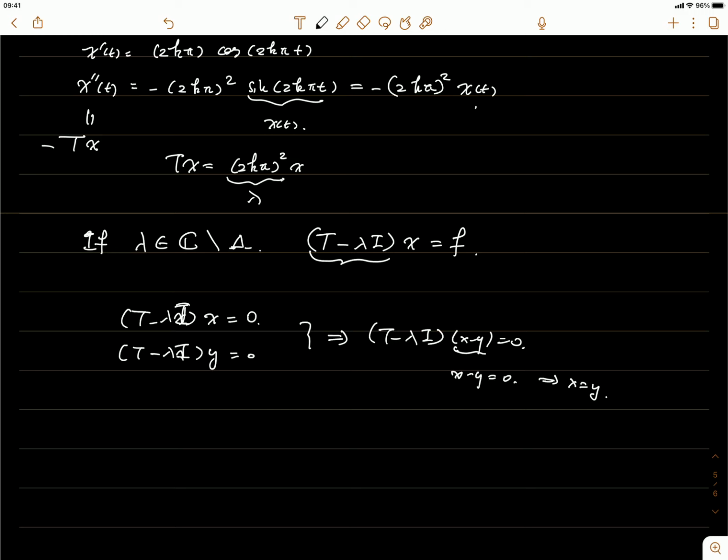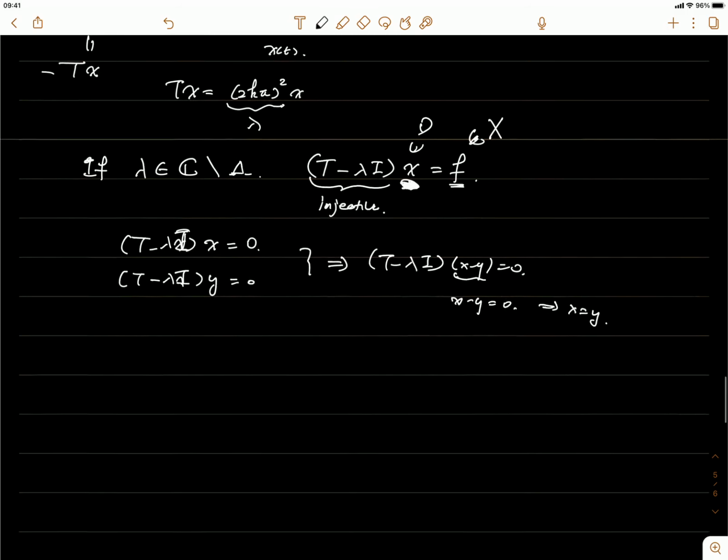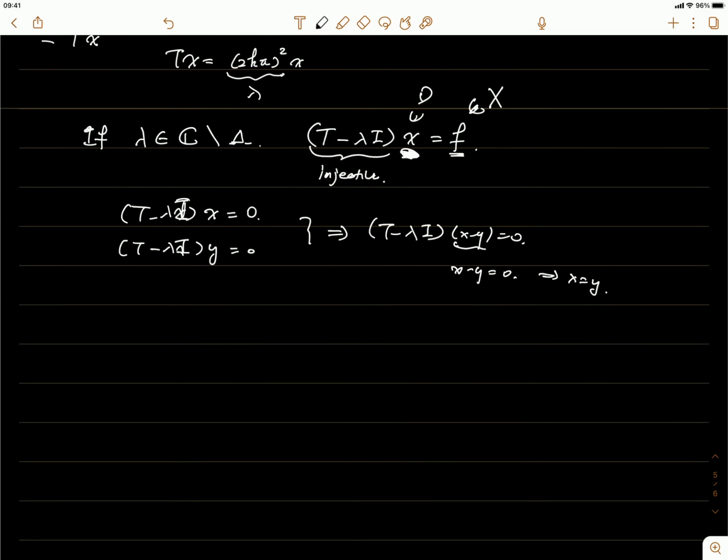So this is actually injective, and to show that it's surjective, we just need to show that for any f in X, we can find some x in D such that this holds. The question is whether we can find a unique x such that this has a solution for any f here, and the answer is yes.